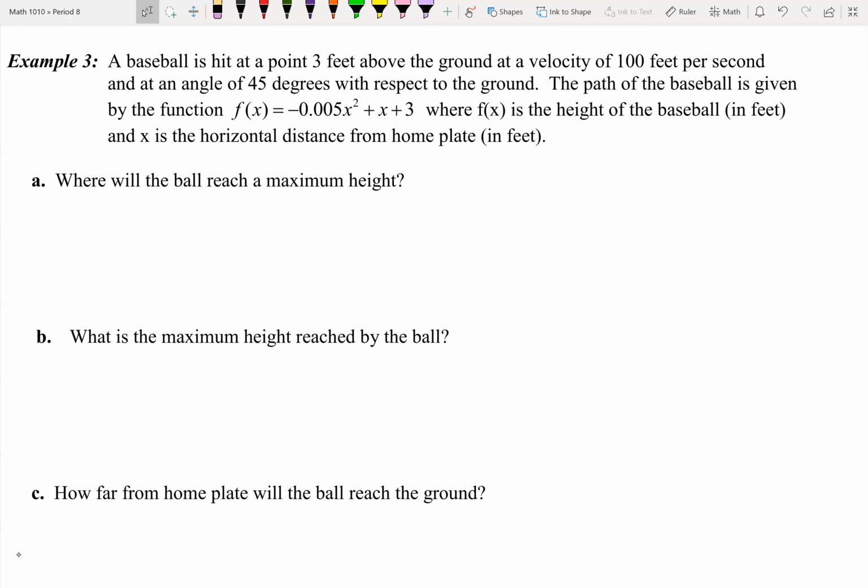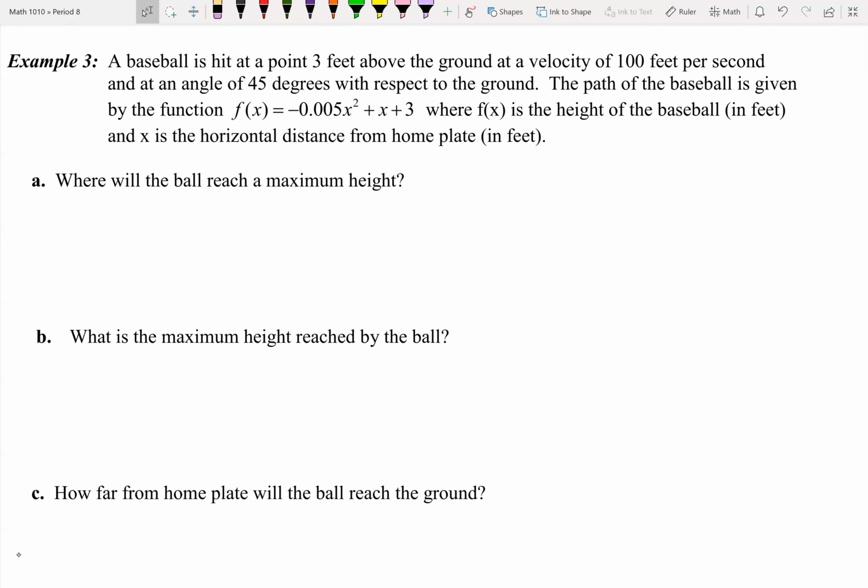A baseball is hit at a point 3 feet above the ground with a velocity of 100 feet per second at an angle of 45 degrees with respect to the ground. The path of the baseball is given by this equation where f of x is the height and x is the horizontal distance from home. Everybody freeze. What is the first thing I always want you to do? Everybody in the room tell me.